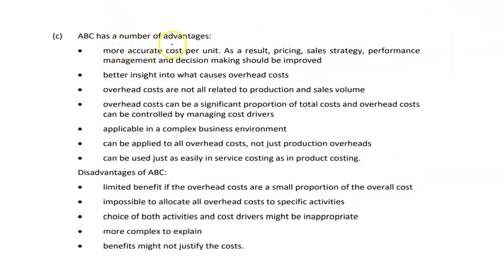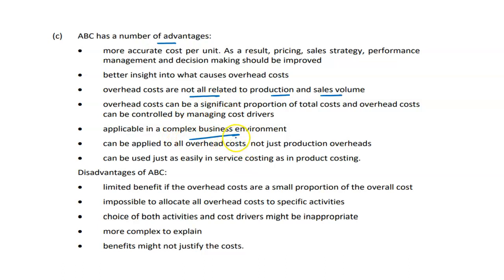So advantages. ABC has a number of advantages. Yes, it is more accurate, remember. And I said to you, the biggest point is that it is not related to production or volume, right? And when we're dealing with very complex business environments, it does make sense to have ABC.